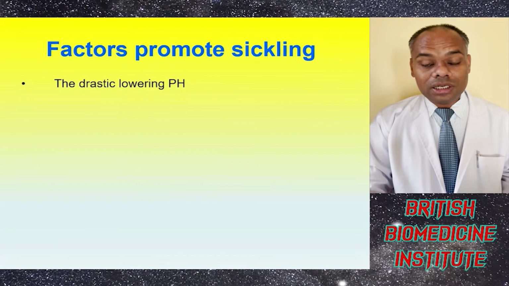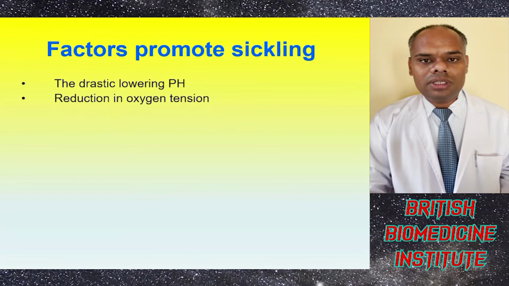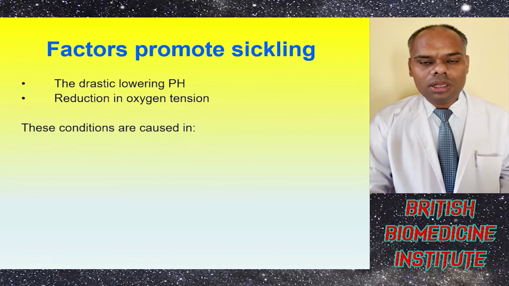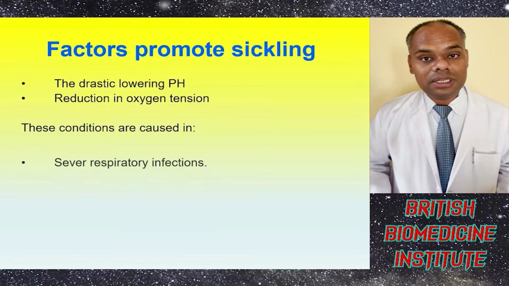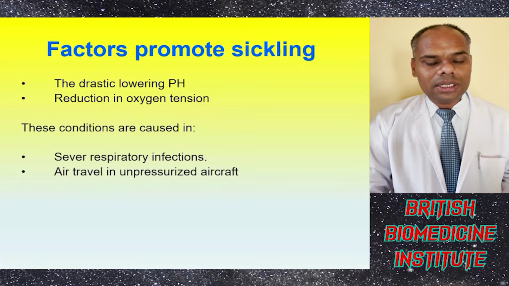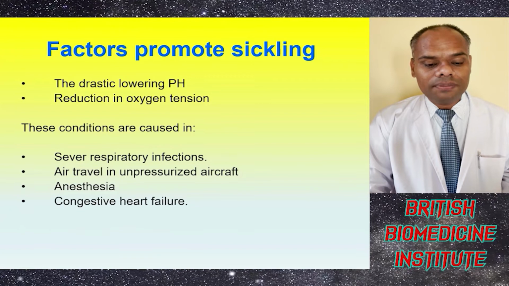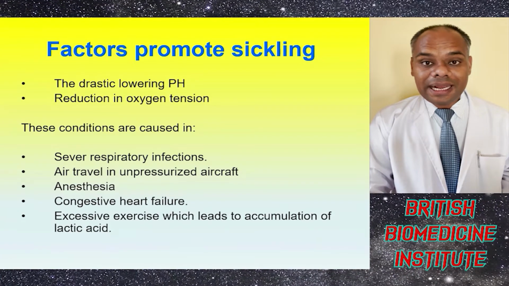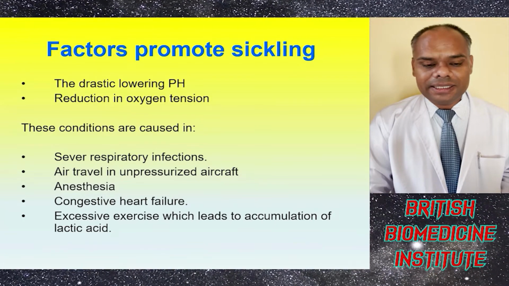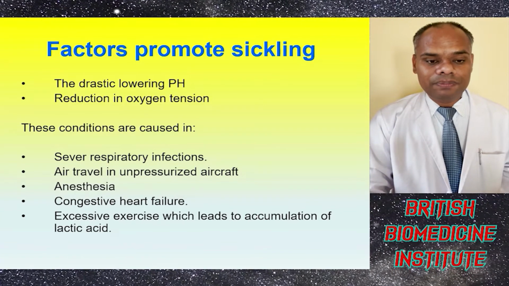If there is a drastically low pH level, reduced oxygen tension, a severe respiratory infection in a patient, air travel in an unpressurized aircraft, anesthesia, congestive heart failure, and excessive exercise which can lead to accumulation of lactic acid. All these factors can promote the sickling of red blood cells.